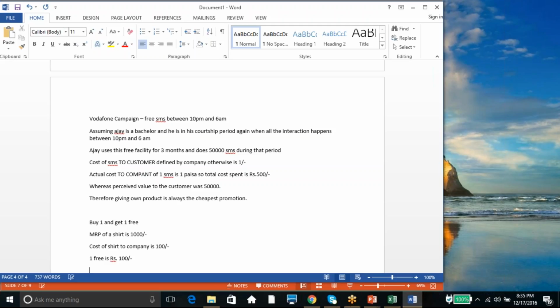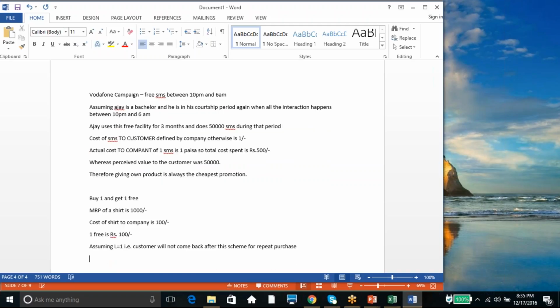The best part in this example is that assuming L is equal to 1, that is, the customer will not come back after this scheme for repeat purchase.